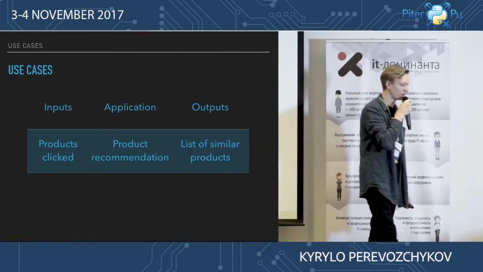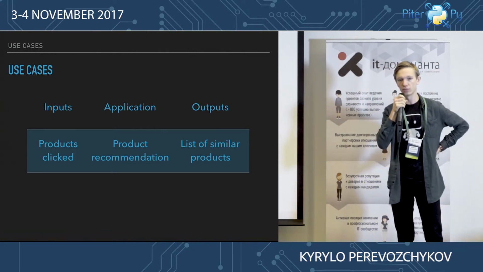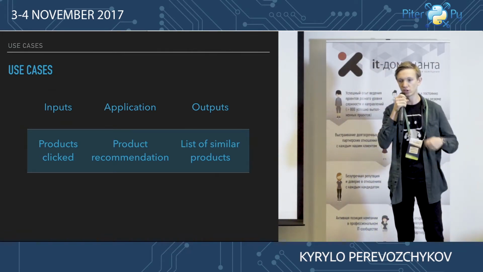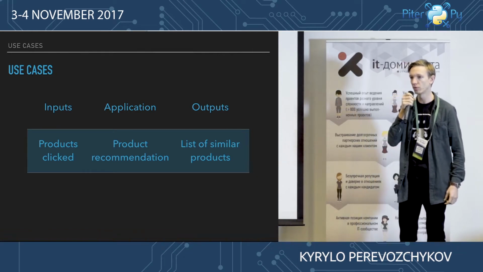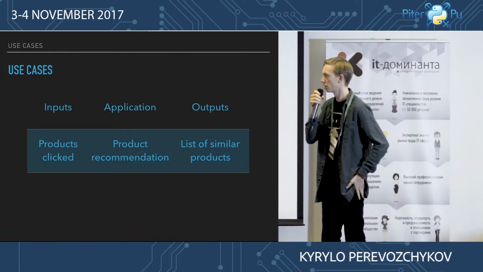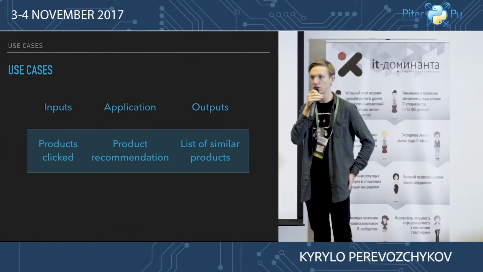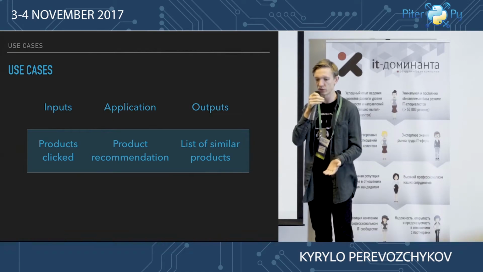Now, what kind of use cases are there for those who are not familiar with machine learning and data science and all the other things? What is meant by machine learning? I will tell you about use cases and the differences between them.